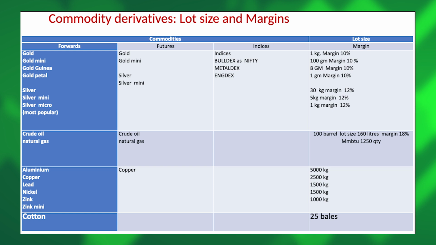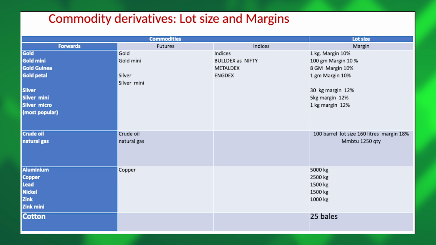Like in gold, there are four categories starting from 1 gram to 1 kg. In silver, the lot size is from 1 kg to 30 kg, and this is standardized. In oil and gas, the margin is again already defined, and in aluminum it is 5000 kg, whereas in zinc it is 1000 kg.